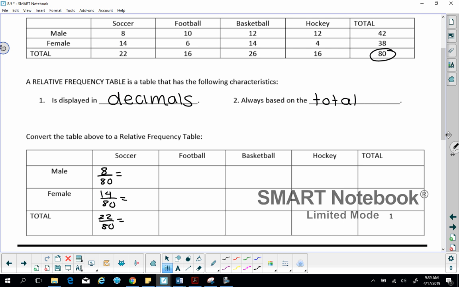Don't turn it to a percent, just keep it as a decimal. Yes, it is 10%, but just keep it as 0.10. So make sure you're doing each one of them.